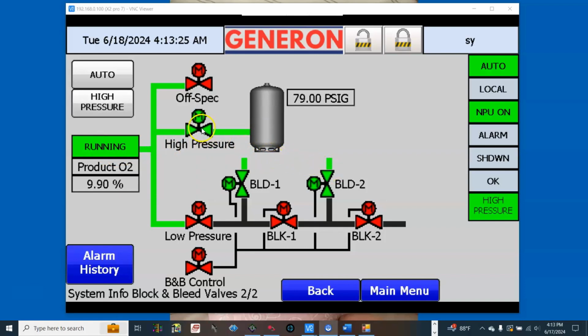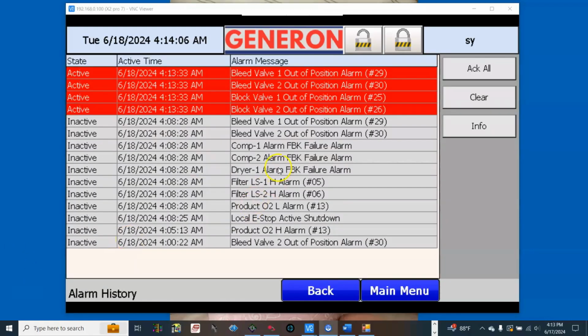Now let's run it in low pressure mode. Alarm is on. All 4 block and bleed valves are out of position.